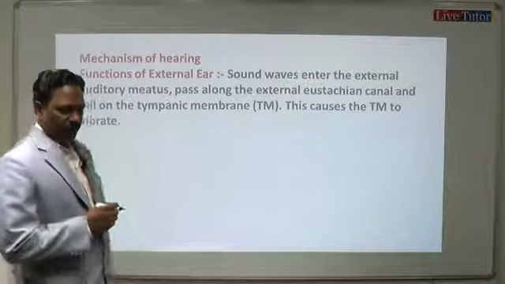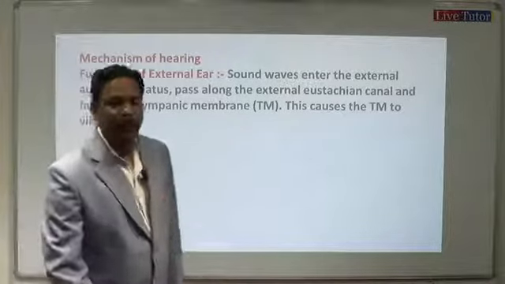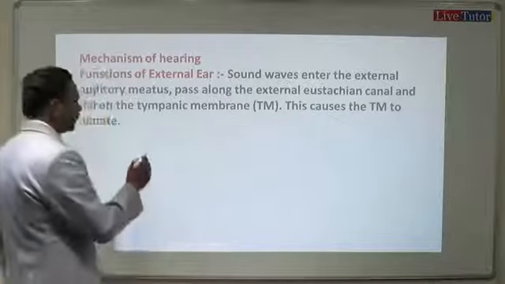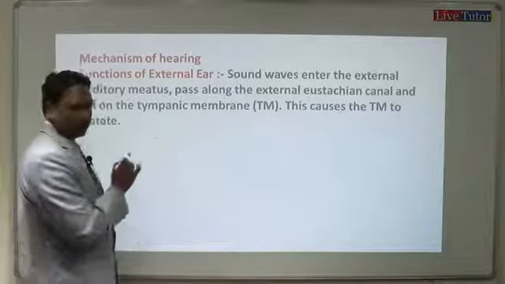Today we can see the mechanism of hearing. First we can see the function of the external ear. For understanding, I am giving one schematic representation.